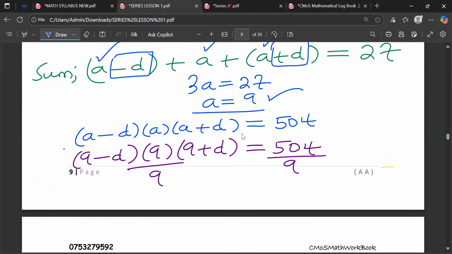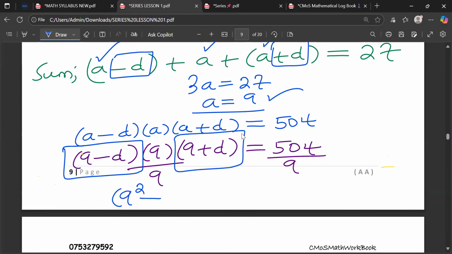Now there is a technique here. All of you know what they call the difference of two squares. I think I talked about it in partial fractions. Are you all aware that that thing is the same as 9 squared minus d squared? Are you aware that that is the thing? So we get 56.